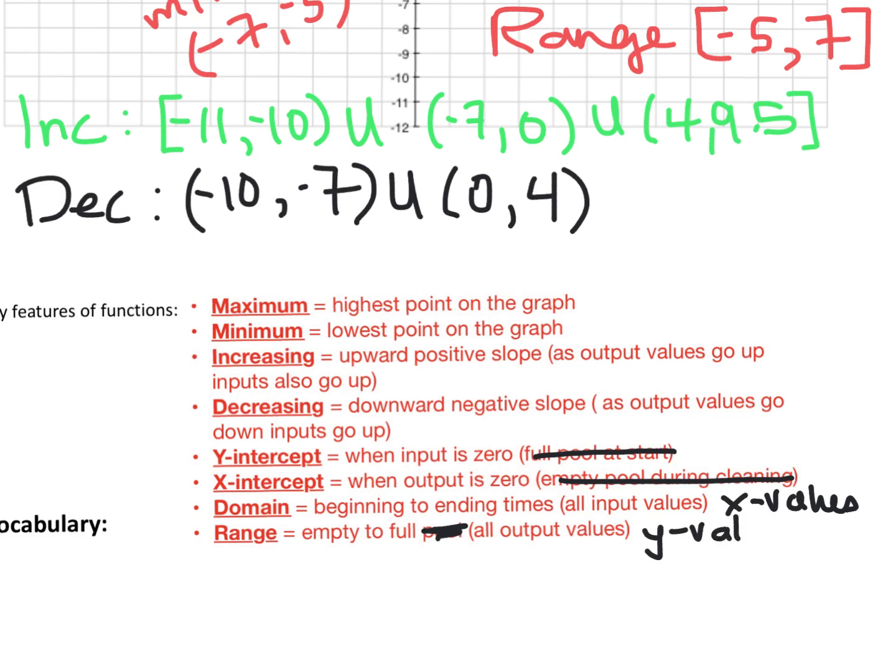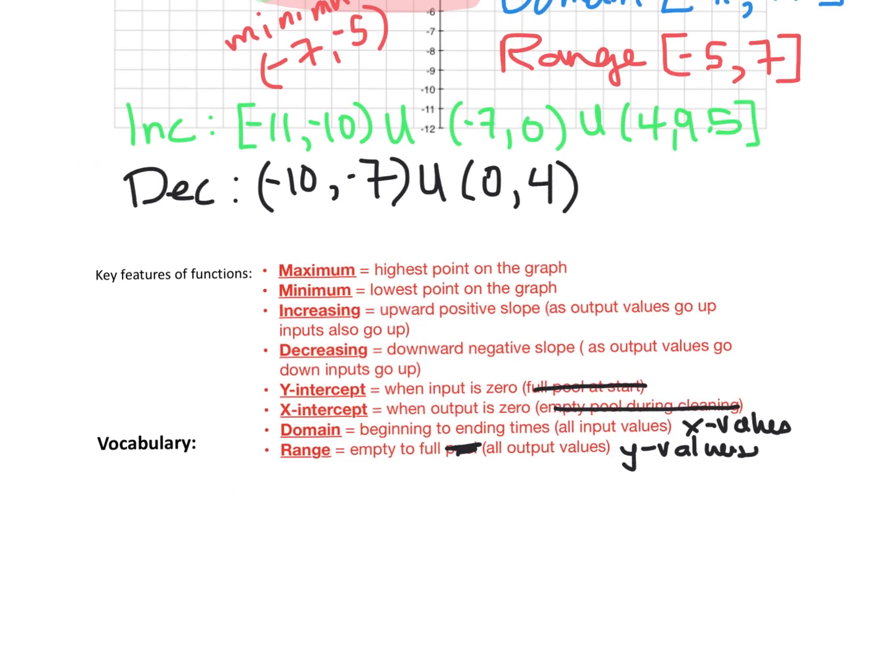Okay, so that is the first part of Unit 3, where we talked about key features of functions. Now, the second part of this unit was evaluating functions, so I'm going to go over that briefly. If you need to pause right here to record your vocab, I would recommend it.